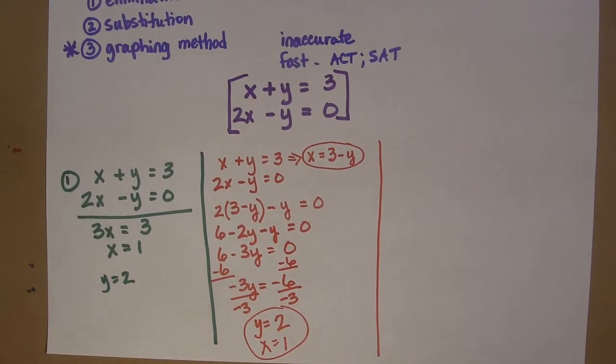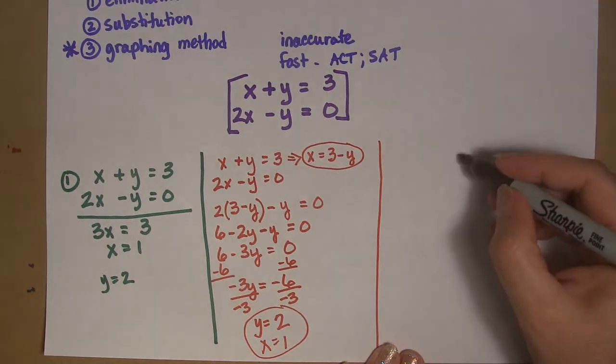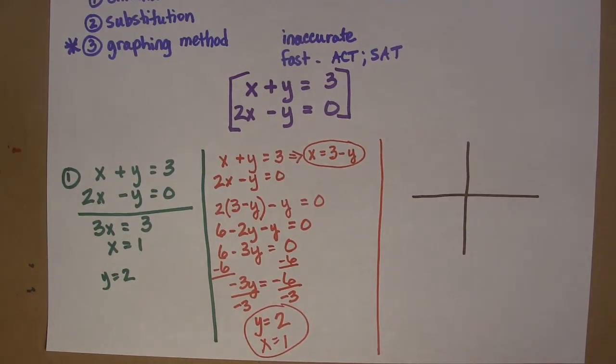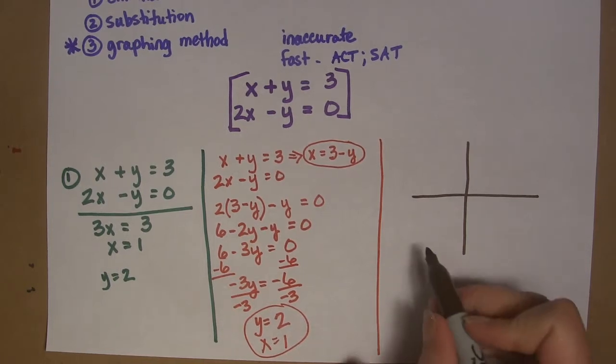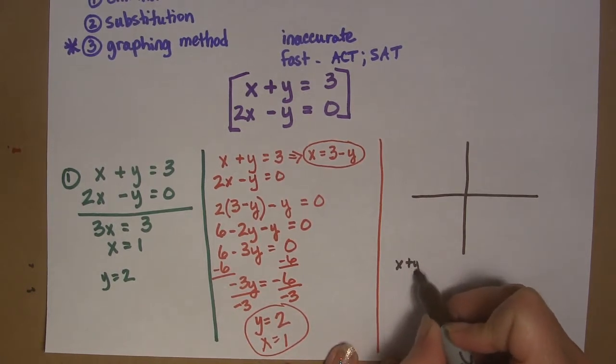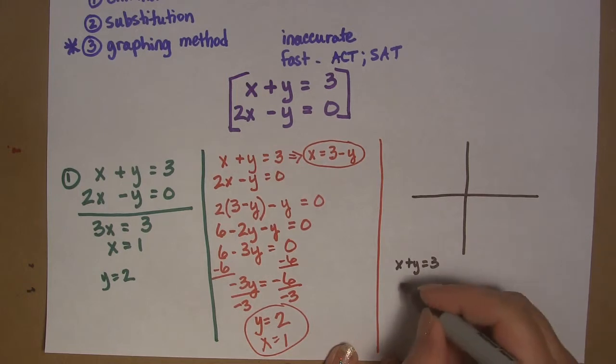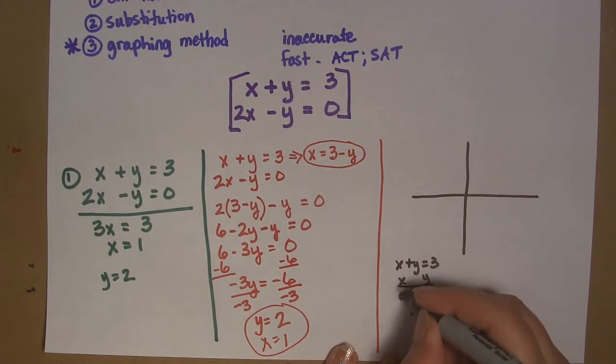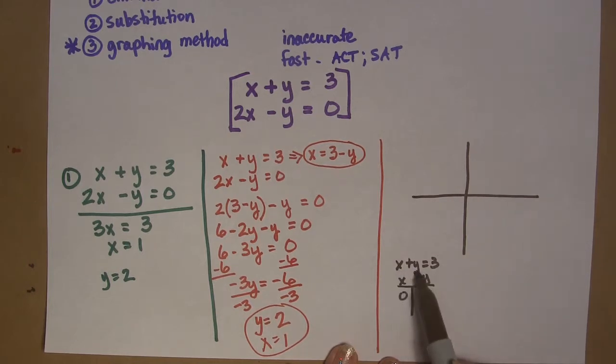All right, so now let's look at our last way to do things, and that is the graphing method. For the graphing method, I'm going to draw a little graph, and I'm going to start with x plus y equals 3. I know these are lines, so if x is 0, what is y? 3. If x is 2, what is y? 1.